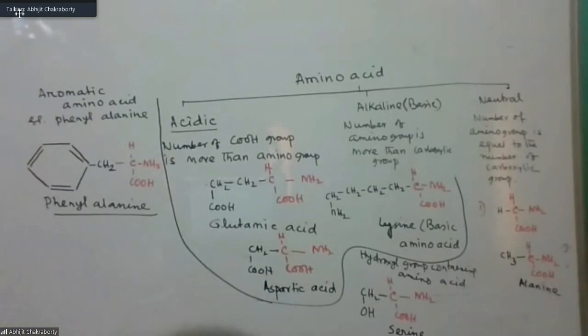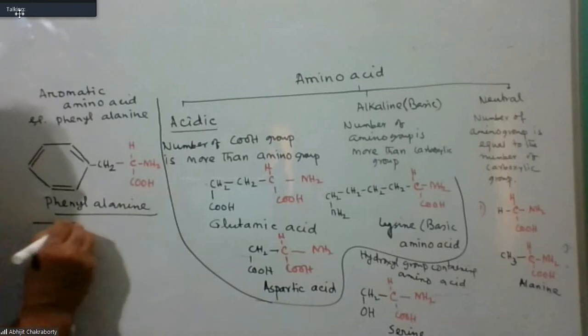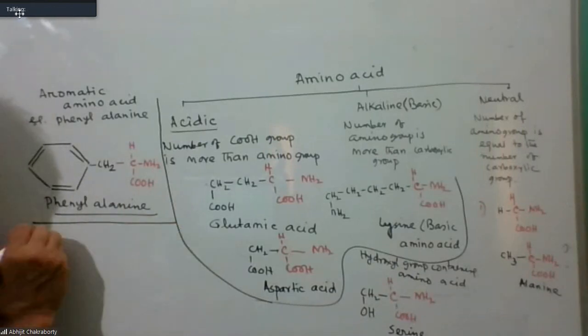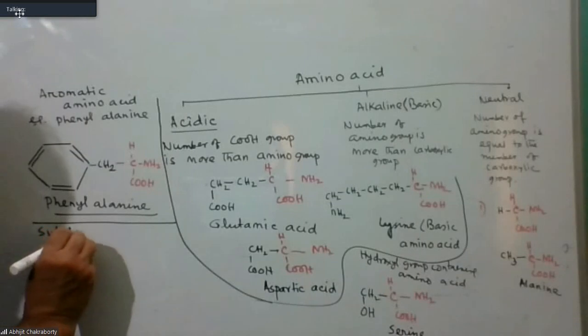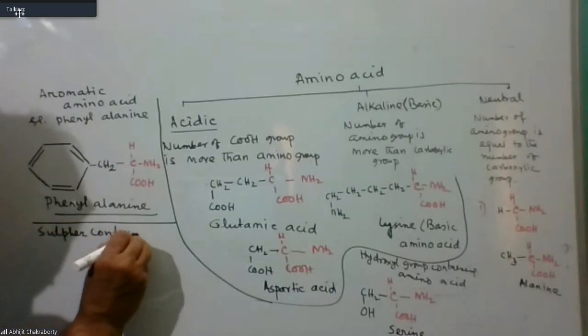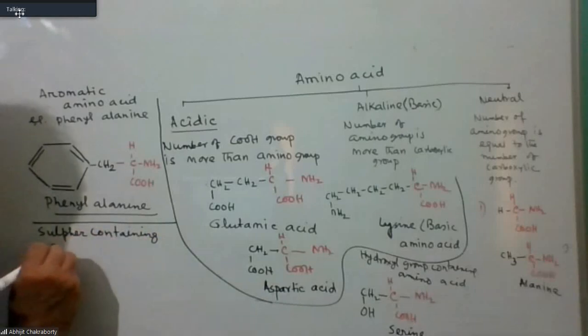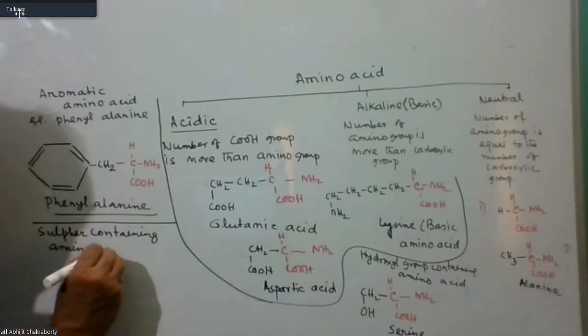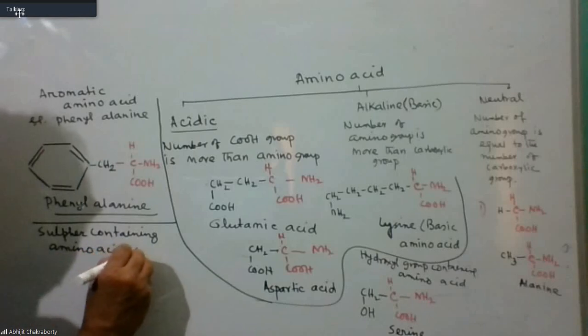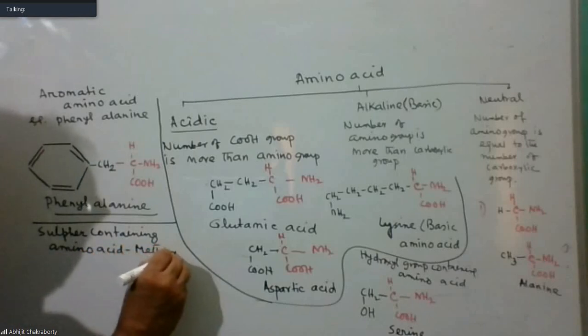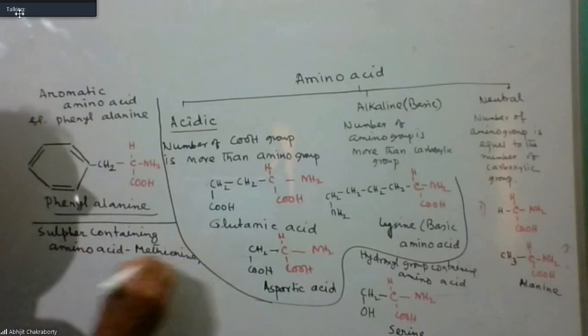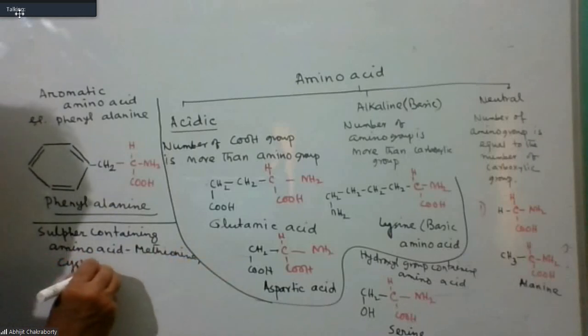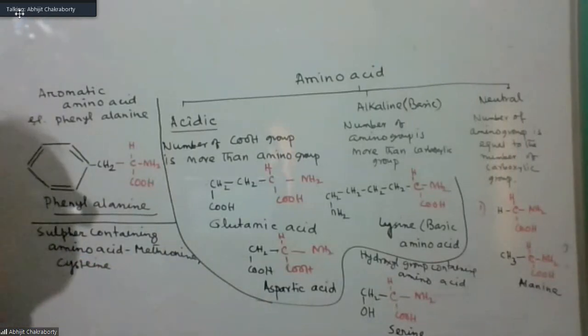Sulfur containing amino acid methionine and cysteine. একটা ইমেল পরীক্ষা আসে, methionine, cysteine. They are the sulfur containing amino acid.